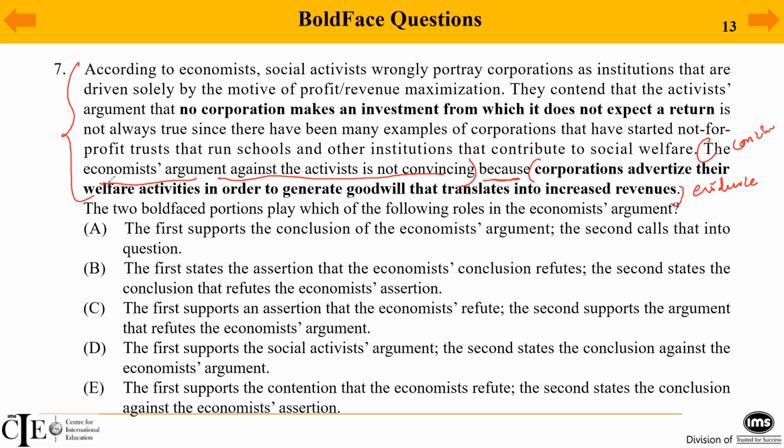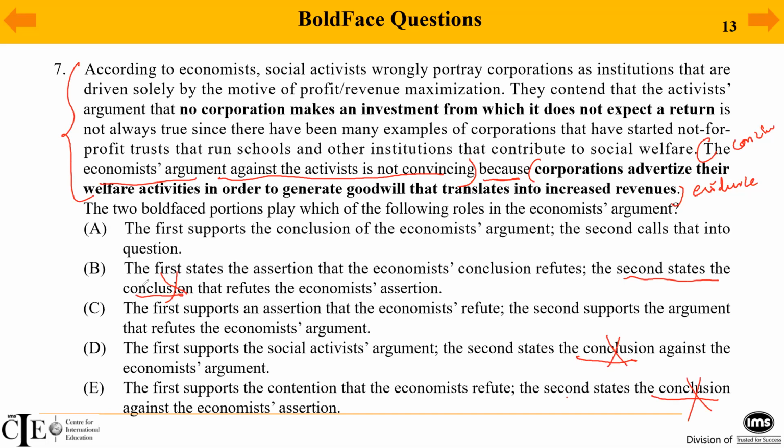So with that, you can eliminate D and E, because D and E are saying that the second one states the conclusion. Second is not the conclusion. So I can eliminate those answers based on that. So clearly we know that second is not the conclusion.